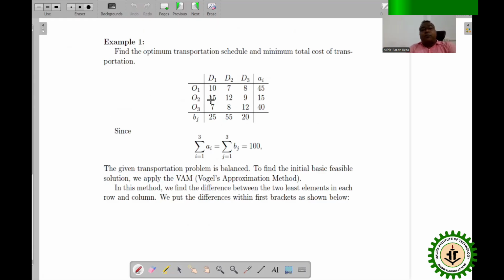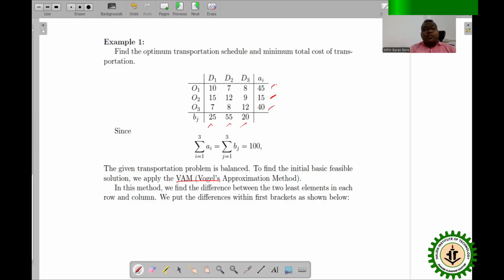In this problem, you can see there are three origins and three destinations. The available amounts are given here, and these are the demands of the destinations. Here the problem is balanced, so we use Vogel's approximation method to find the solution.